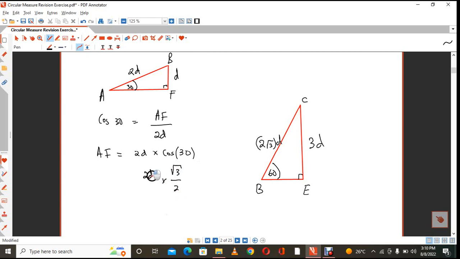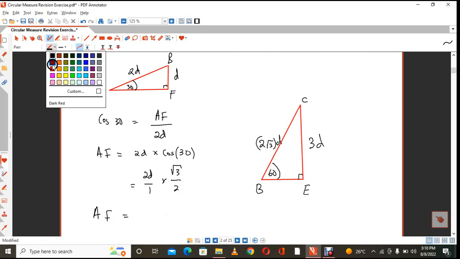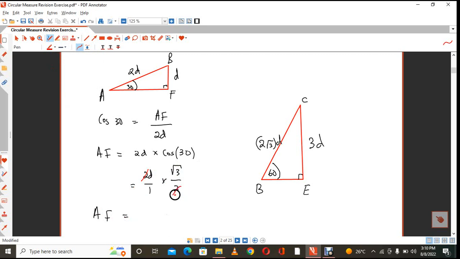Multiply that by 2D, and you cancel the 2's. So AF is nothing but D times root 3.